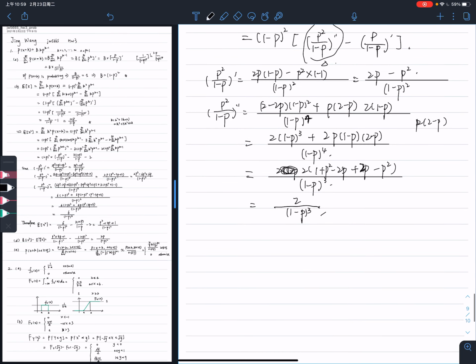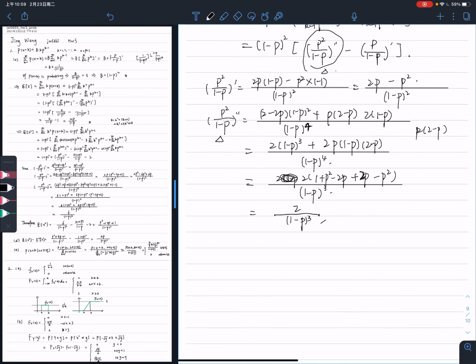Therefore, we know the value of this part.